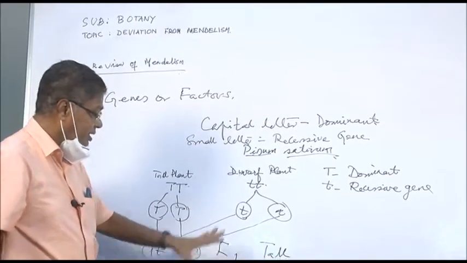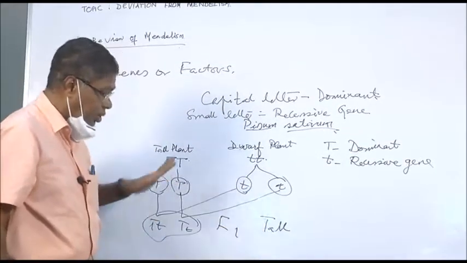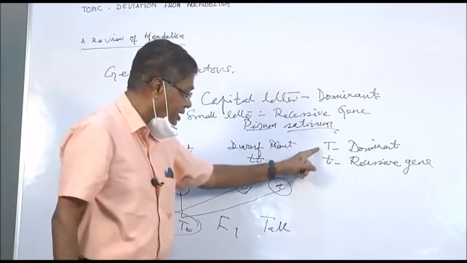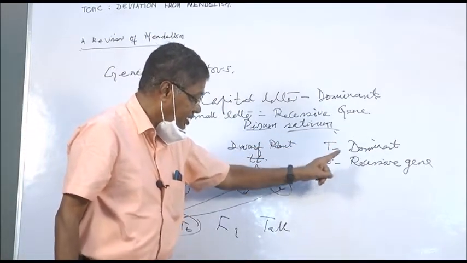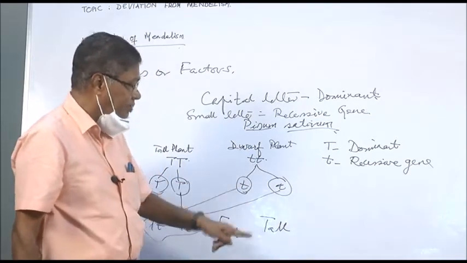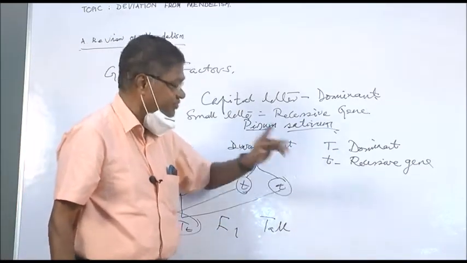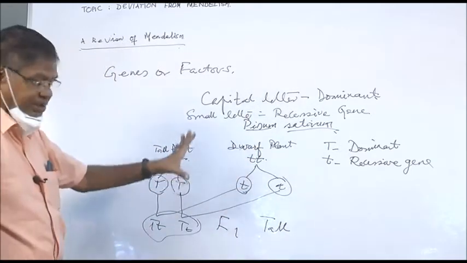That means tall is dominant over dwarf, or capital T is the dominant gene over the small t, which is the recessive gene.